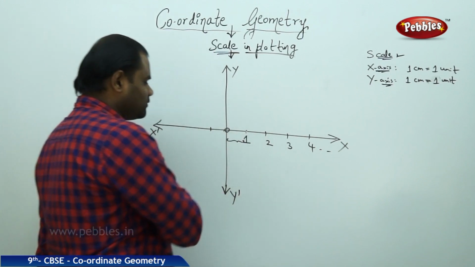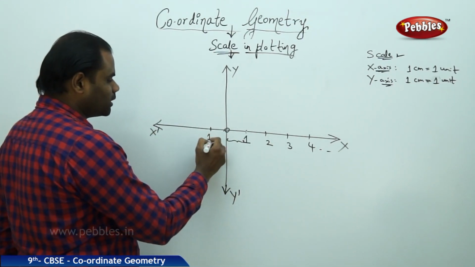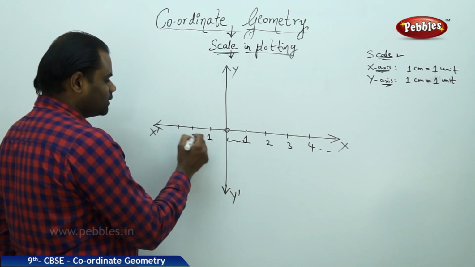Similarly, on the left side, I take every 1 centimeter of the grid on graph paper as 1 unit.